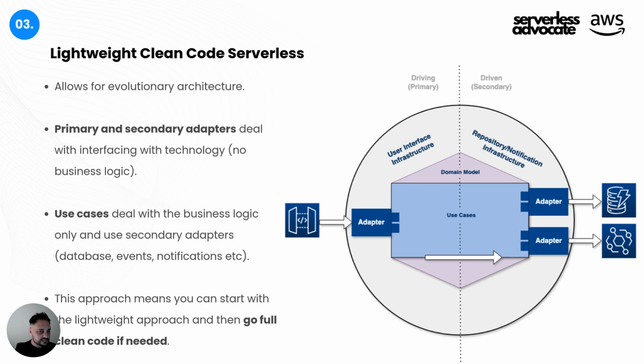Now in the middle, we've got this notion of a use case. And that use case is the business logic that then talks out through secondary adapters when it wants to persist data or talk to a particular technology. And this approach allows you to start with the lightweight version and go full if you need to, if you've got that complexity.